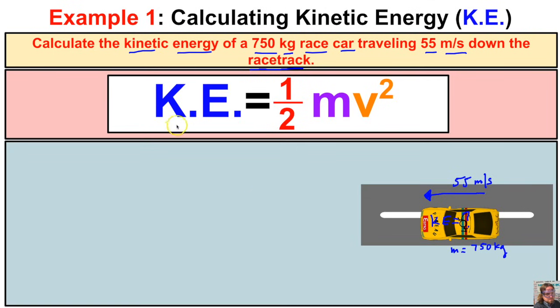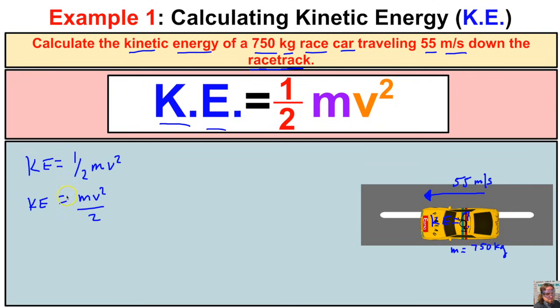So we can easily figure this out using the kinetic energy formula. We know that kinetic energy of an object is equal to 1/2 the mass times the velocity squared. And when we're working with the kinetic energy formula, we can basically write this expression like this right here: mv squared over 2 equals the kinetic energy.